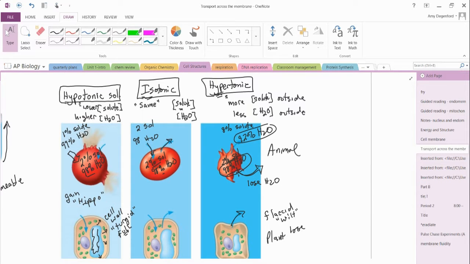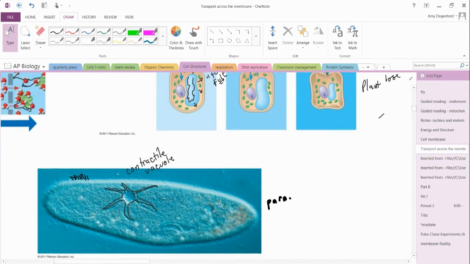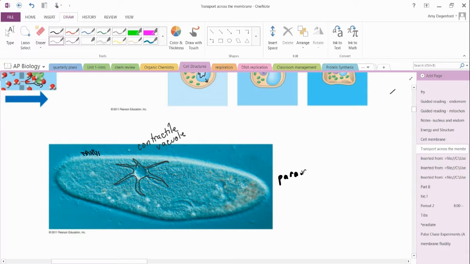So we're going to do some practice problems, but let me ask you a question. Here's one practical application. In a paramecium, and the paramecium is in a freshwater. These are little protists. And so in a freshwater situation, this would be a hypotonic solution.